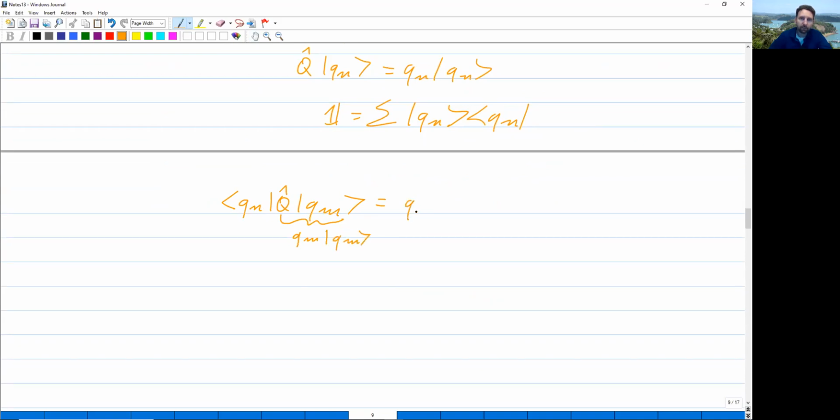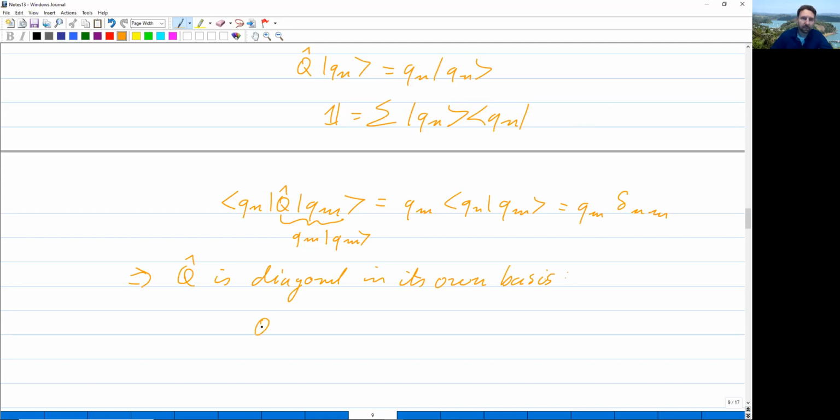So this is then Qm, the number, times <Qn|Qm>, which is Qm delta nm. And therefore, we have that Q hat is diagonal in its own basis, in its eigenbasis, right?